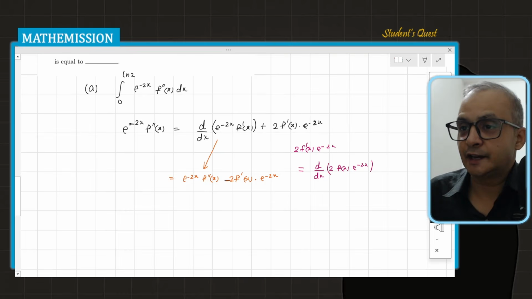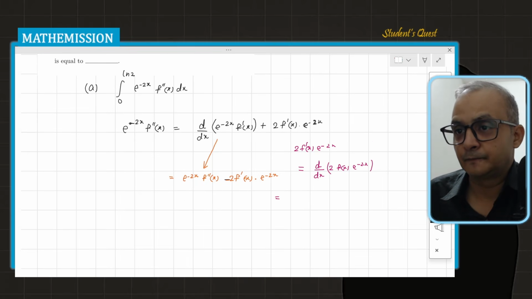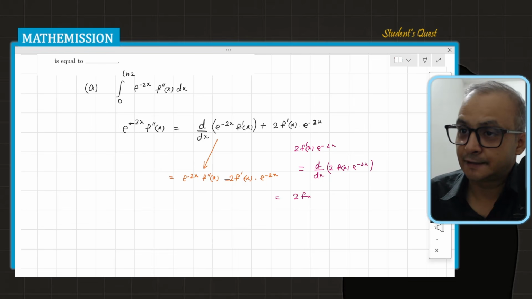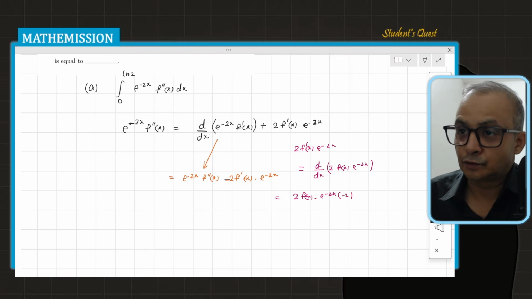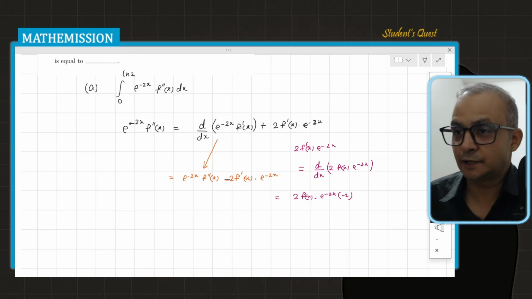So if I differentiate this thing, what do I get? Twice of f(x) into e to the power minus 2x into minus 2, because I differentiated e to the power minus 2x first, and then plus twice of e to the power minus 2x into f'(x).